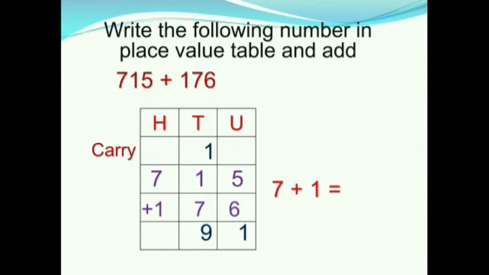Which digits are there in the hundreds place? The digits in the hundreds place are 7 and 1. 7 plus 1 is equal to 8. Write 8 in hundreds place. The sum of 715 and 176 is 891.